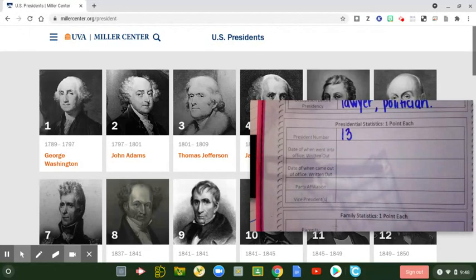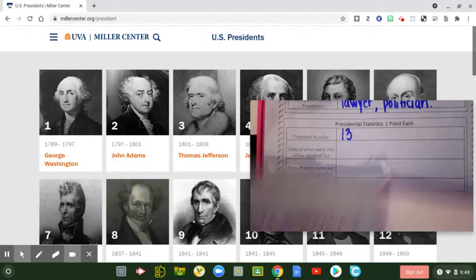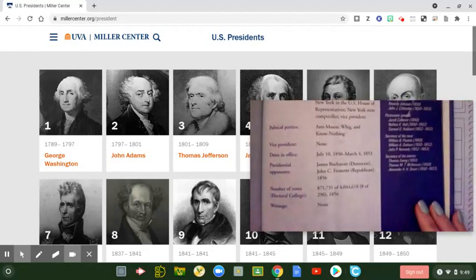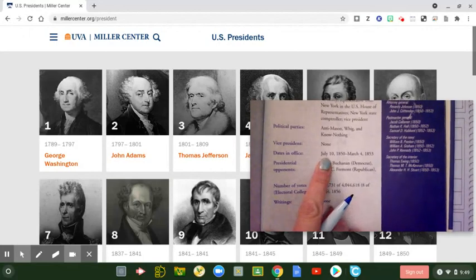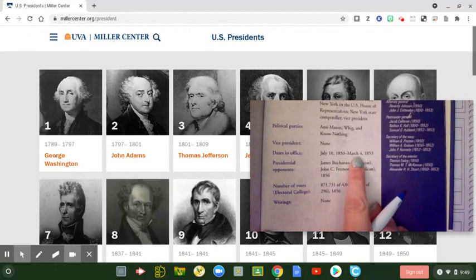So let's go back to the blue book, and it will tell me dates in office. Okay. So Millard Fillmore went in office July 10th of 1850. He came out March 4th of 1853.